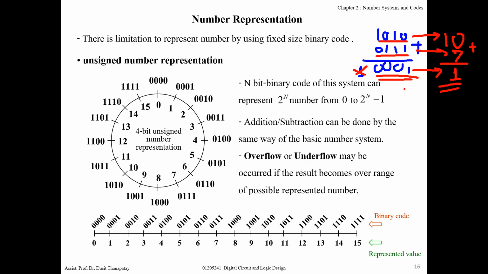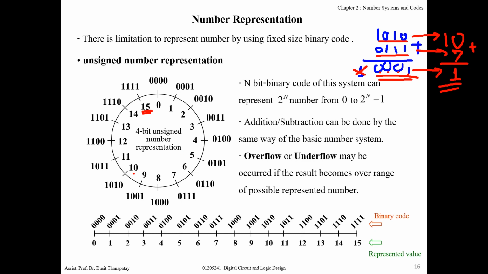It's an incorrect result, because if you use only 4-bit representation, it can represent numbers up to 15, but your result is over, greater than 15. So the problem occurs.